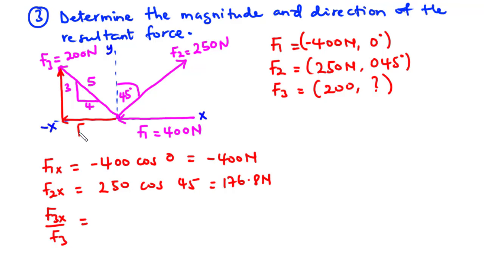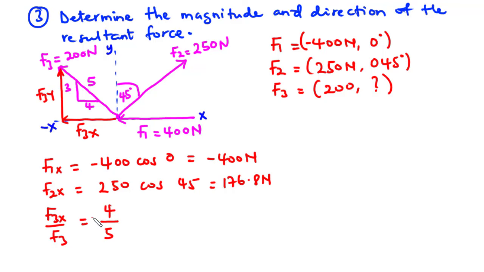So we have F3x and then F3y. Now F3x corresponds with 4. So we have 4 divided by F3 corresponds with 5, the hypotenuse. Now you realize that F3x acts on the negative x-axis.